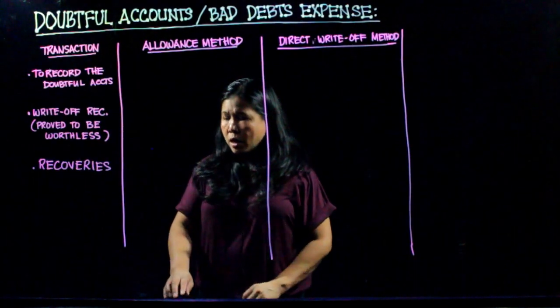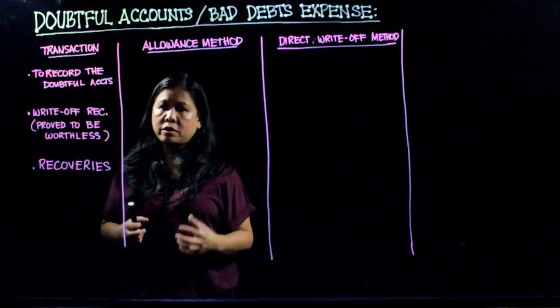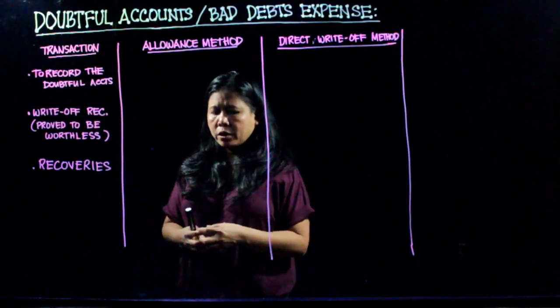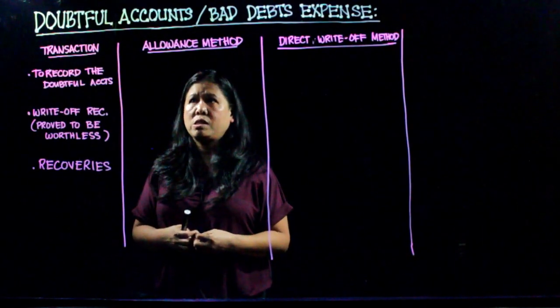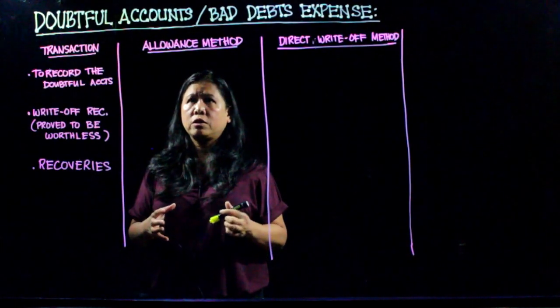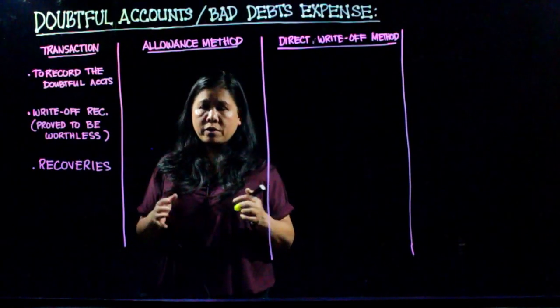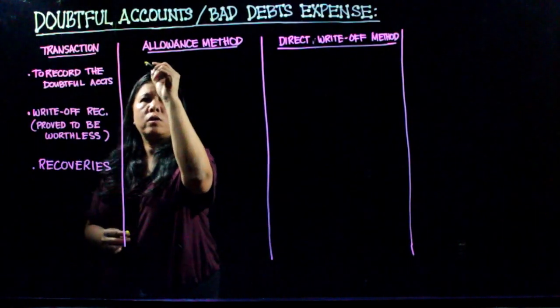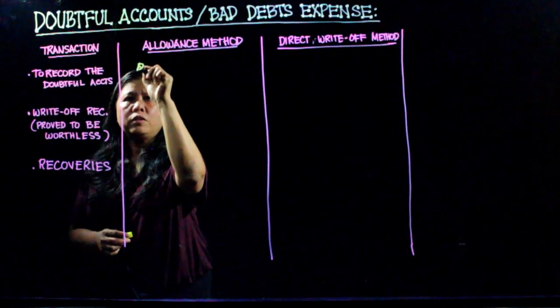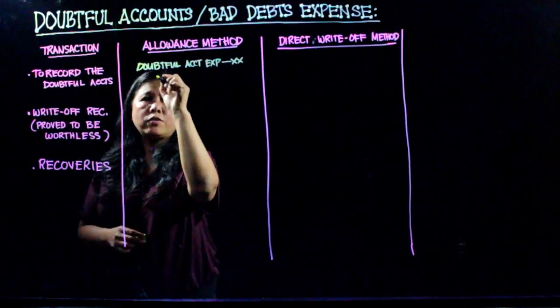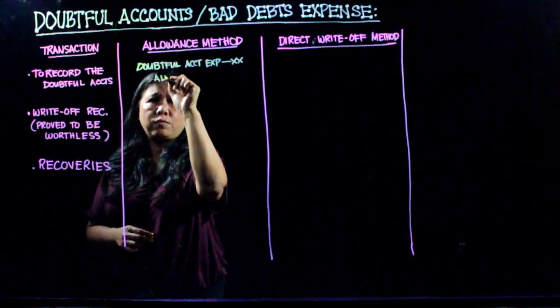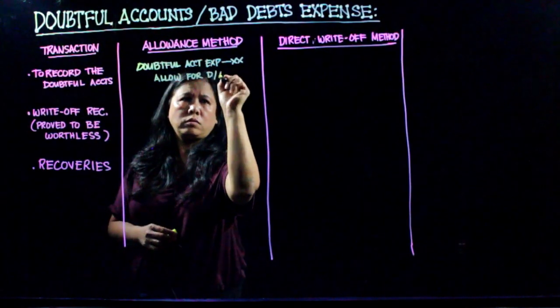So first, to record the doubtful accounts, if we have an accounts receivable that we are doubtful of collecting, our record using the allowance method is debit to doubtful accounts expense, and credit to allowance for doubtful accounts.